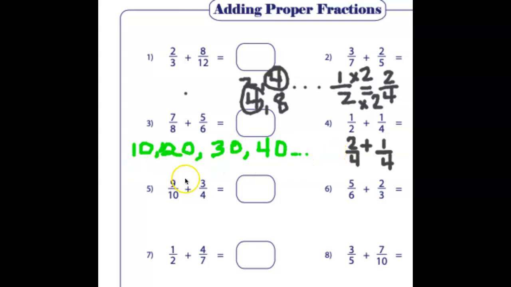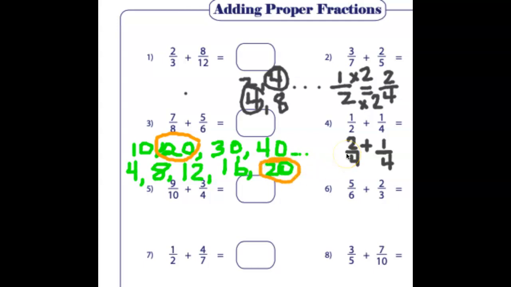Now let's do the multiples of 4. 4 times 2 is 8, times 3 is 12, times 4 is 16, times 5 is 20. So look, we don't have to use the bigger number 40 because we can see that this is 20, and here's a 20.